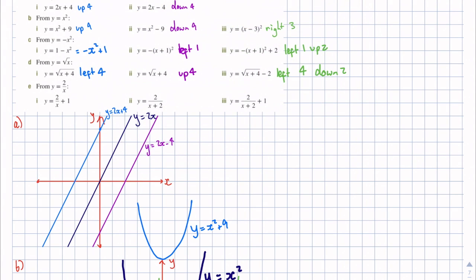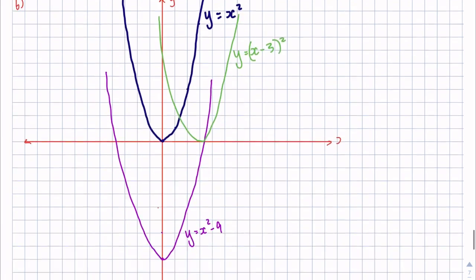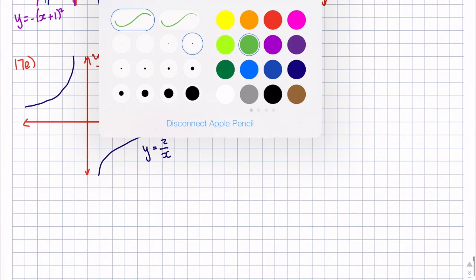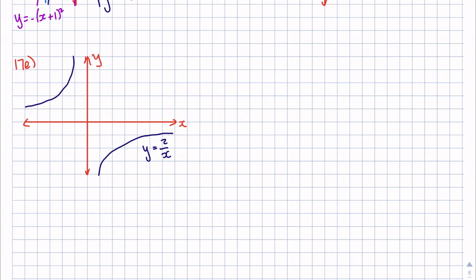The first one is up 1. The second one is left 2. The third one is left 2 and up 1. So, first one was up 1, yeah? So this time my asymptote is across there. So this time a bit further from there and a bit further up there.